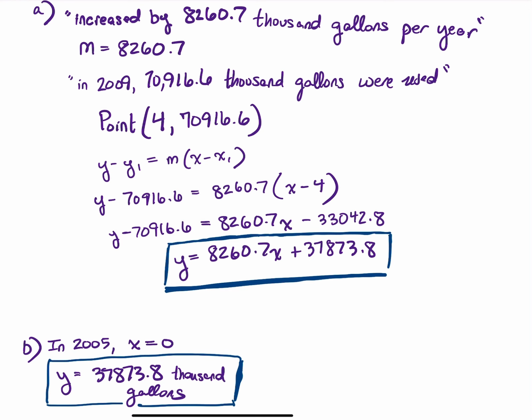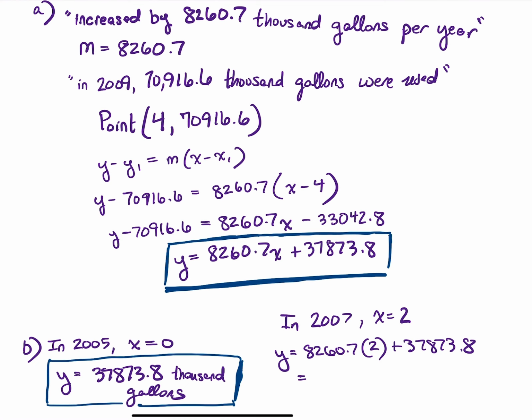And the second part asks for 2007. So that was 2 years after 2005. So that means x will equal 2. So let's just plug it into our equation. This is now a mathematical model that will give us some useful information. So plug in 2 for x. If you calculate this out, take 8260.7 times 2 and then add 37873.8.